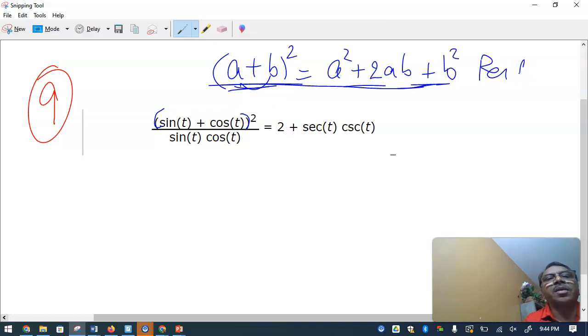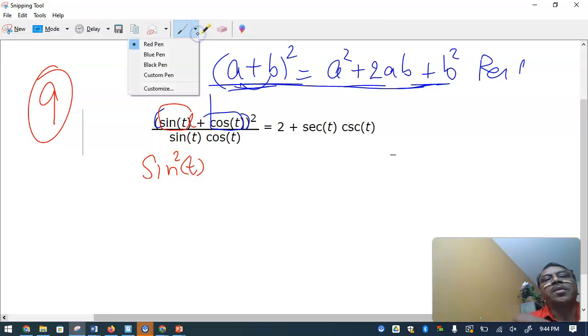So can I use it here? So there I'm going to write, this is like a, and the second one is the b, the blue. So it is like a square. That means I have to square sine. So this becomes sine square of t.